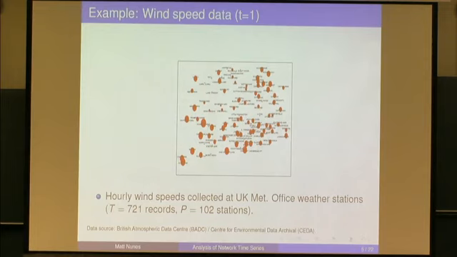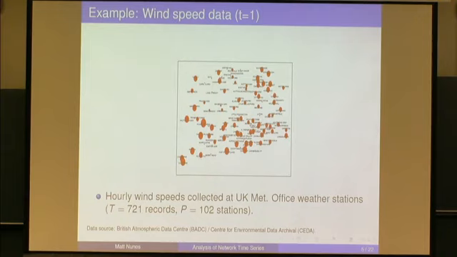As a second example, Guy talked about this a little bit on Monday. There's a network of weather stations across the UK which measure atmospheric time series and energy time series, and so this is a plot of these weather stations across the UK, or rather England and Wales, and it measures wind speed in knots, hourly or daily.